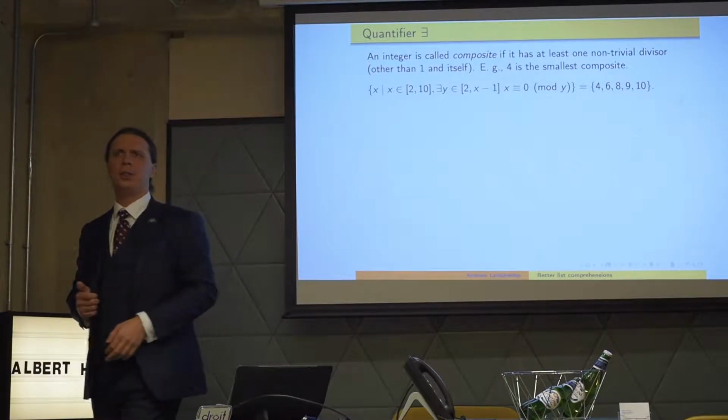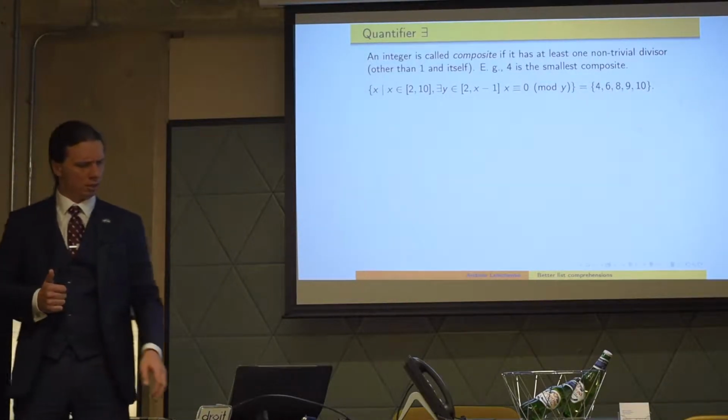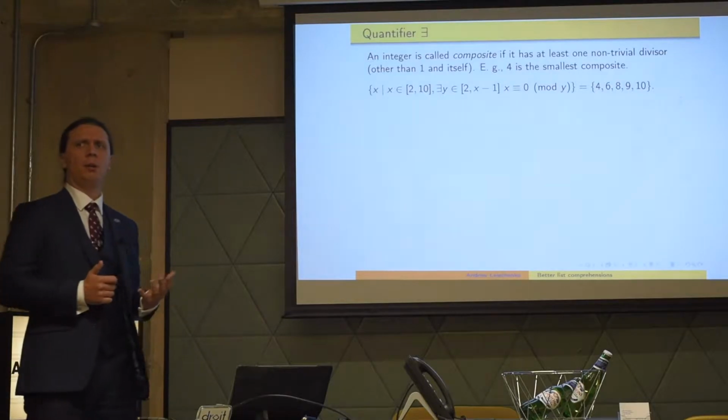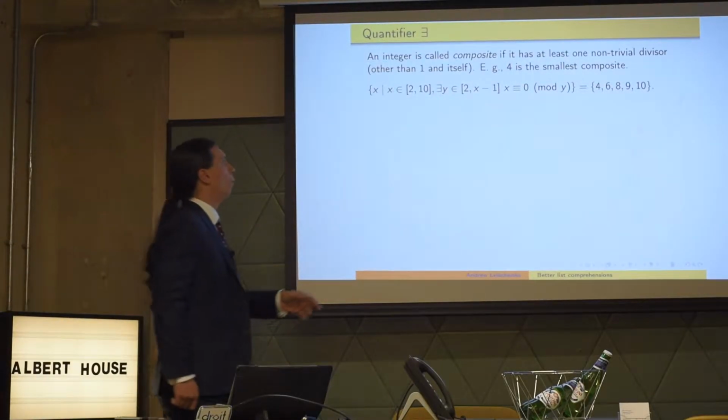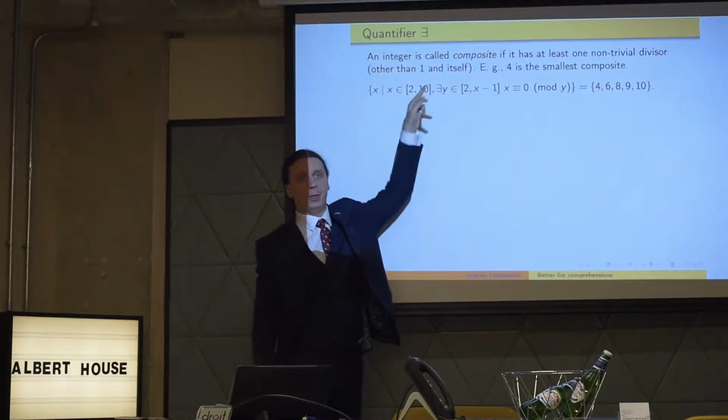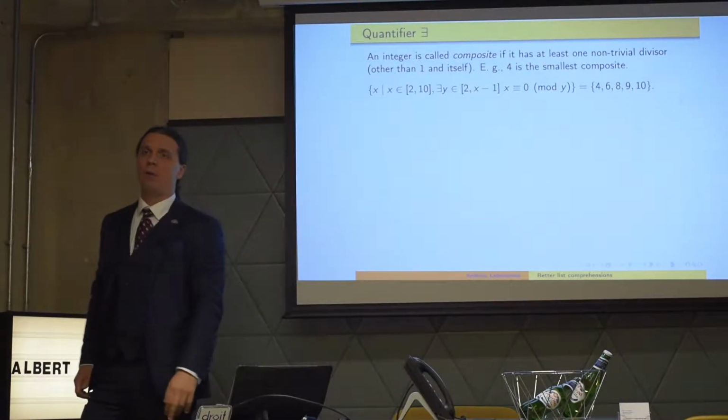And I would like to express this somehow in Haskell. So the most interesting part is, of course, what expression could be given to this quantifier of existence.